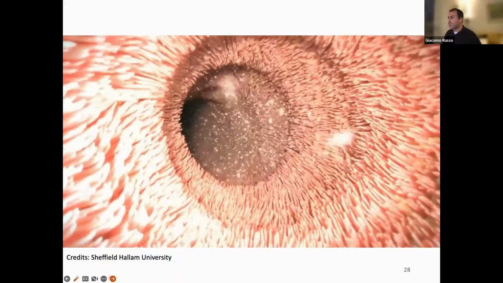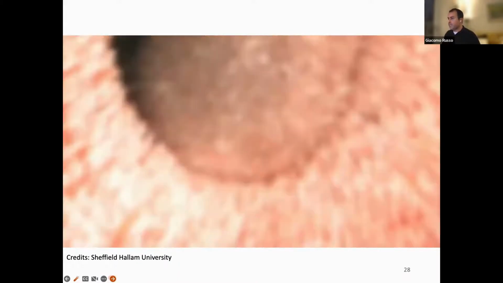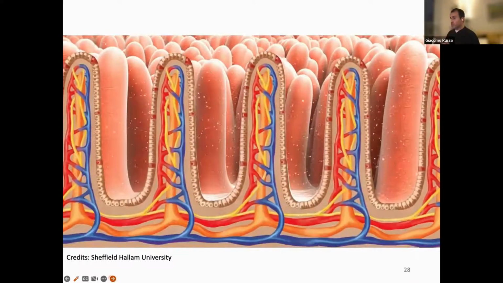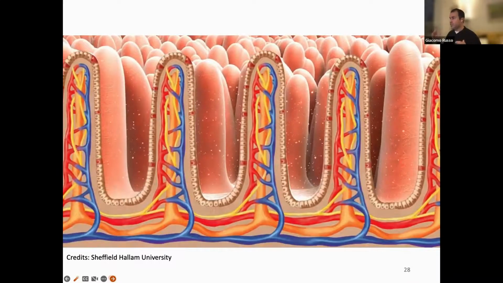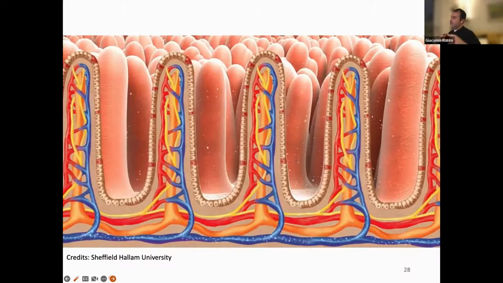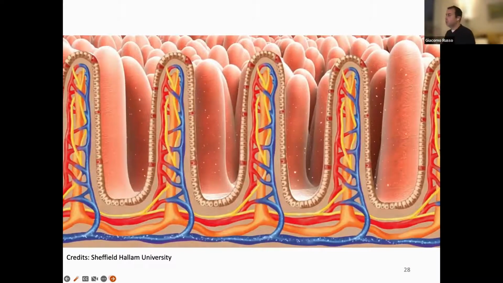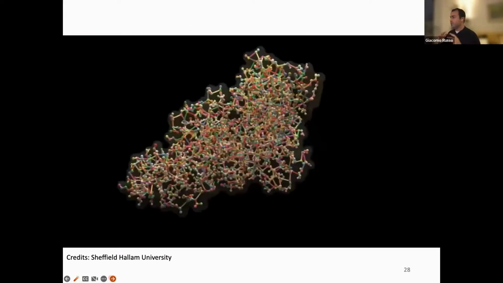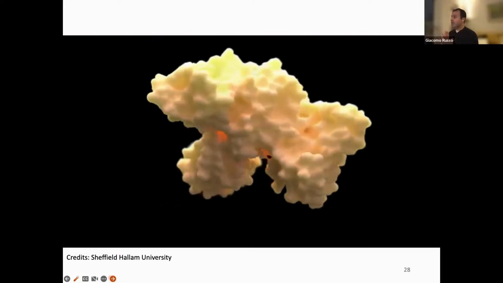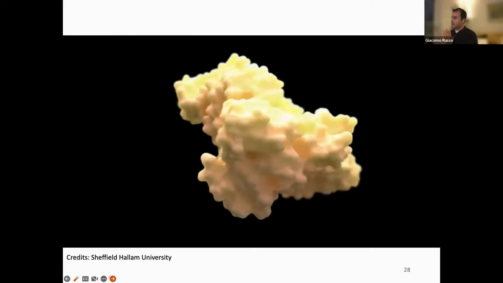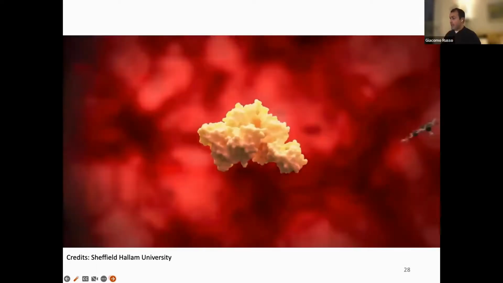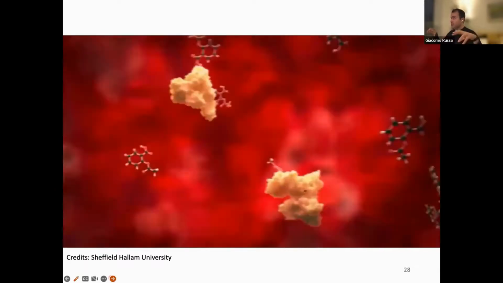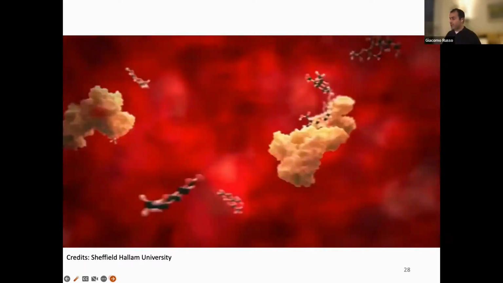Then the molecules interact with the membranes of the microvilli, and they are absorbed through this huge superficial area. But then after absorption, they interact with the plasma proteins which are involved in the distribution. So there is an interaction between these proteins and then the compounds are distributed toward the whole body.